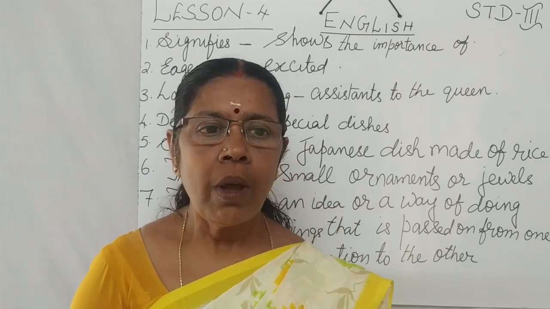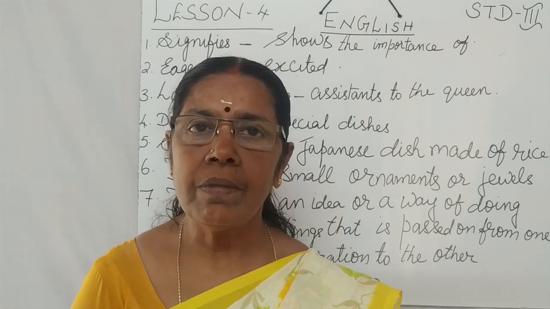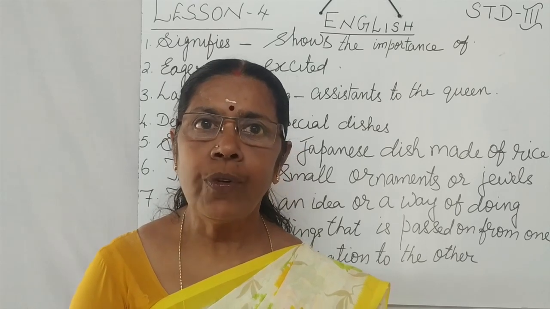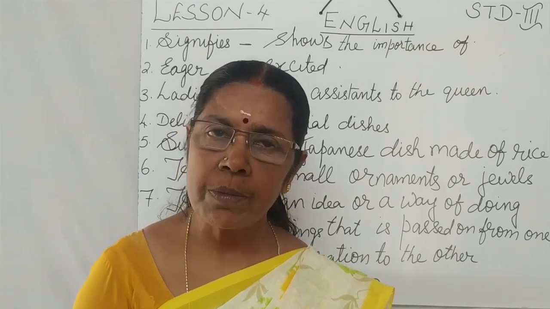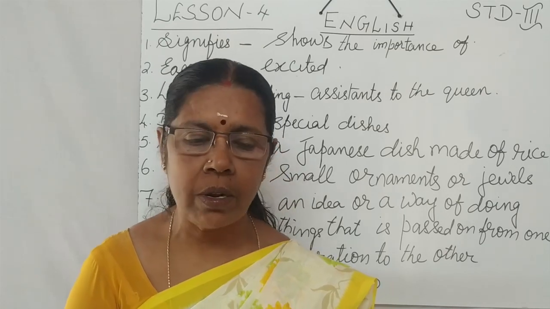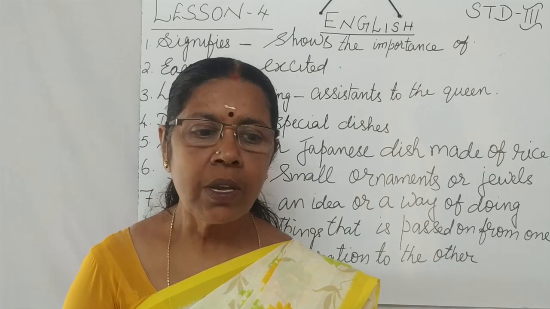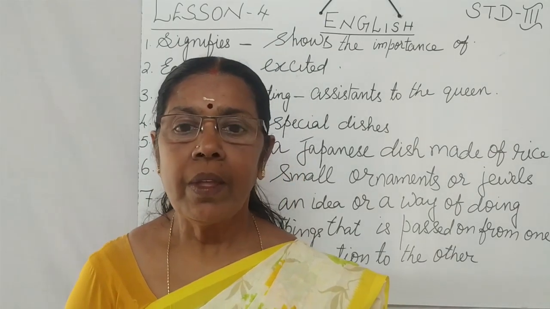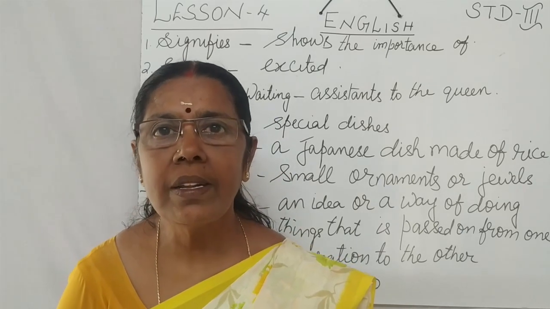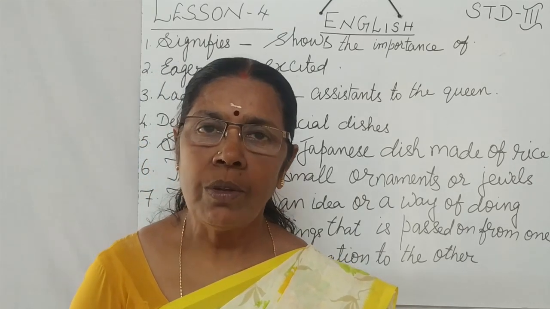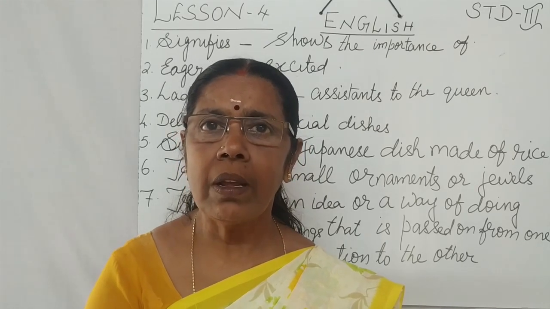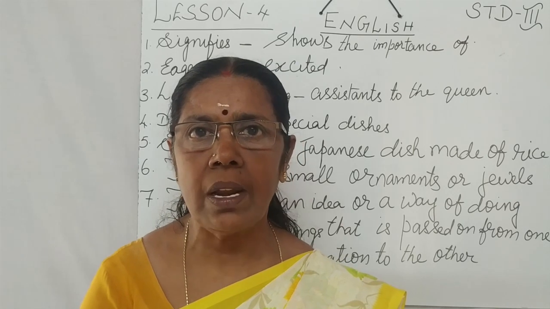If you have any doubt, you can call me and ask me whenever you want. Please go through the textbook every time. If any difficulty is there, you see the video, repeat it again and again, and you can get the words clearly and learn the words properly. How to pronounce, how to read, all these things you have to practice.